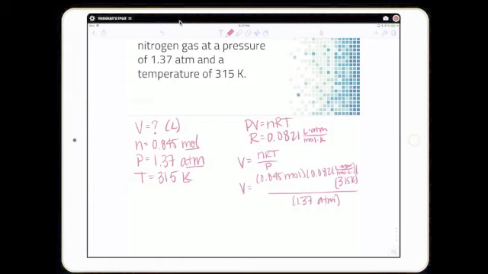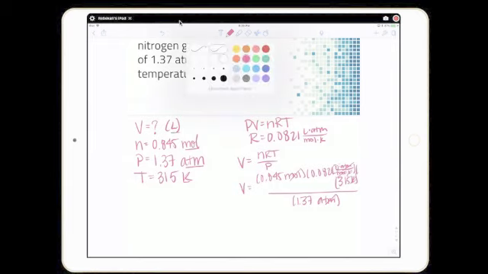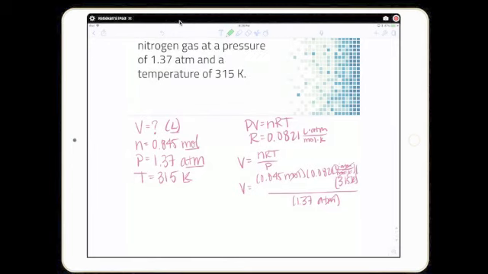So I get my atms to cancel, my Kelvins cancel, my moles cancel, left with liters. That's what I want for volume, so that's good. Let that unit kind of catch you through that. Then you've got simple math to do.